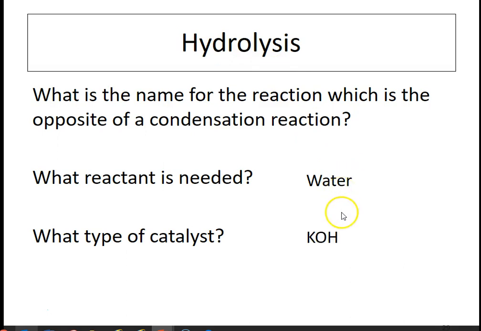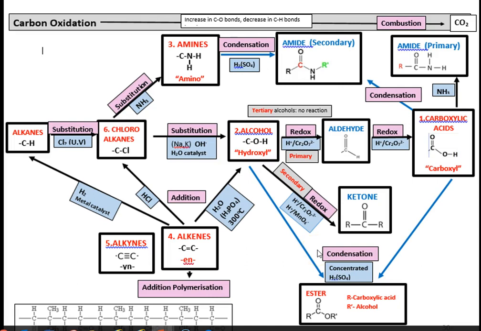And then you get your carboxylic acid and your alcohol back again. So if you use sulfuric acid to make an ester, then you would use a base, potassium hydroxide, to break up an ester. Okay, so I don't have that on here. So it's condensation reaction this way, would be hydrolysis the other way, to break up the ester.